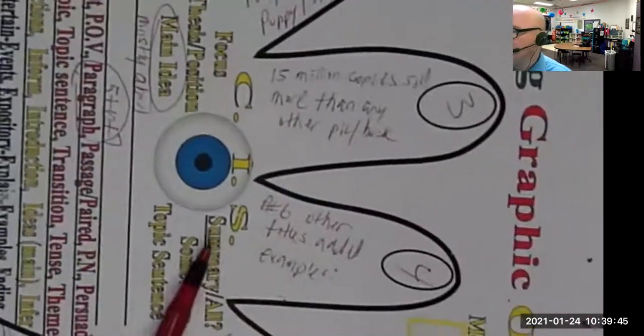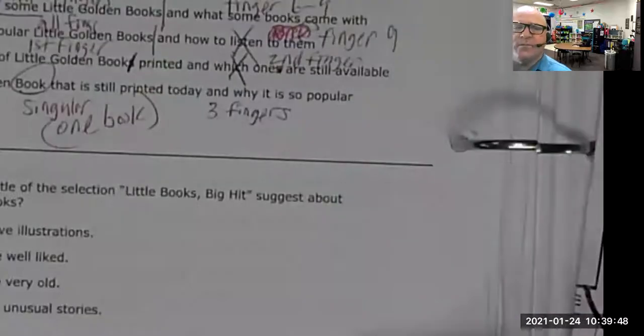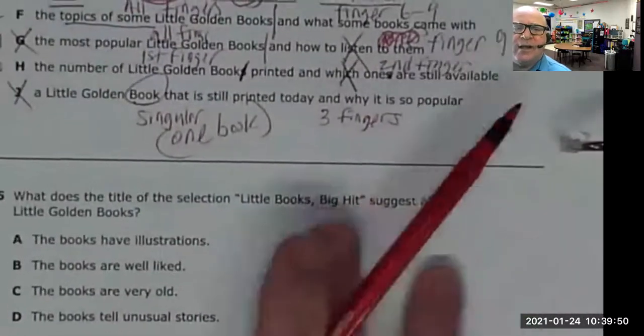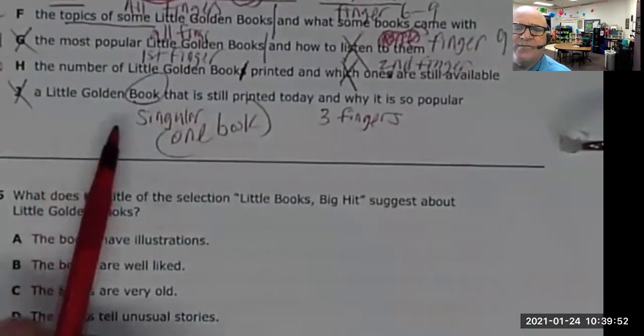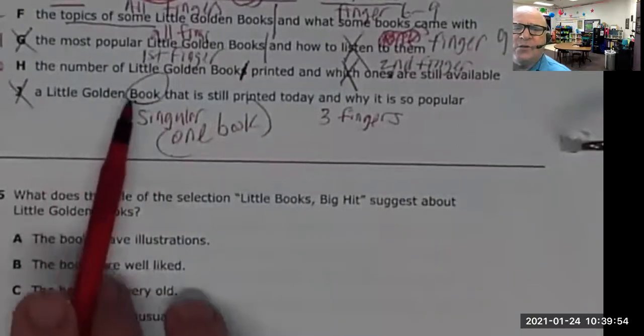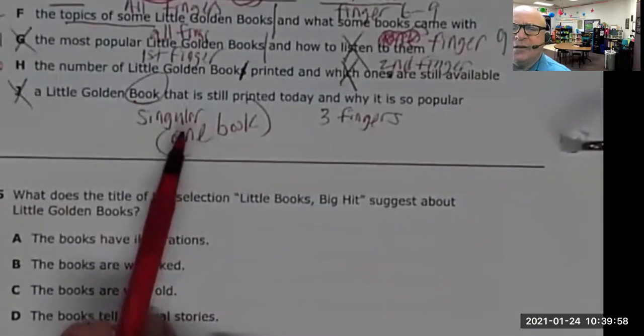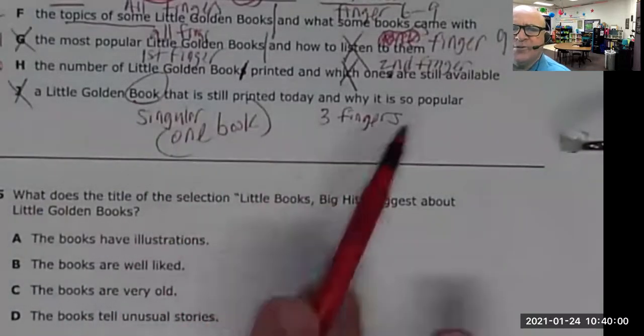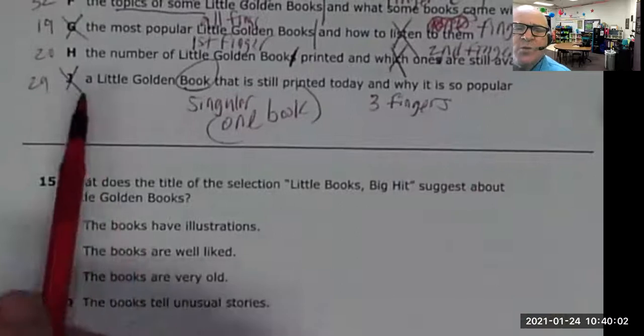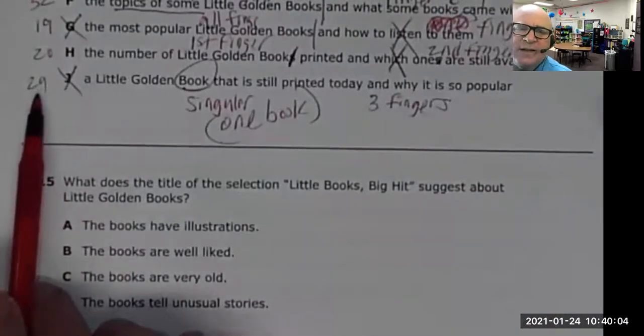So guess what? Since one of the answer choices, letter J, was only about paragraph 5, a little golden book that is still printed today and why it's so popular, that's singular, that's one book. It was only the first 3 fingers, and guess what? 29% of your students in Texas chose that.